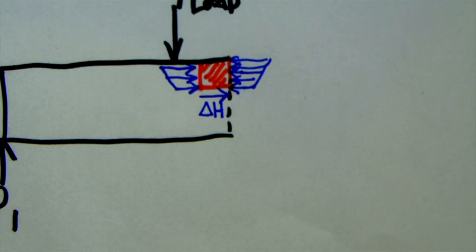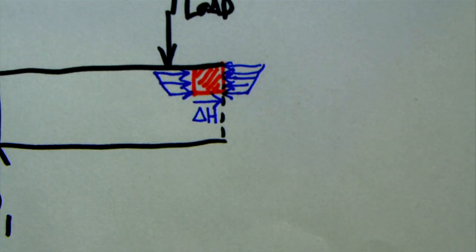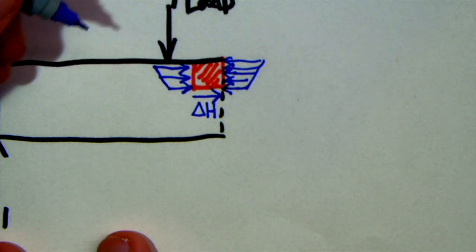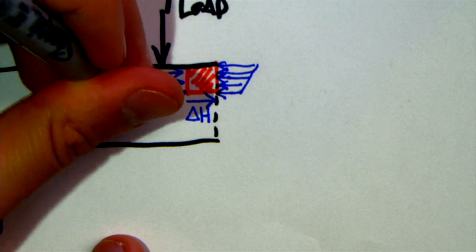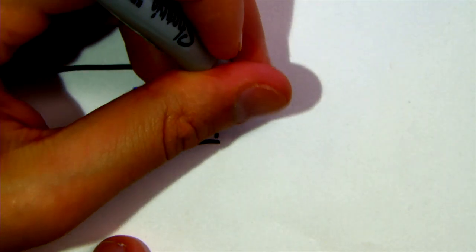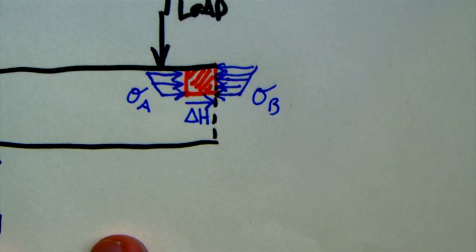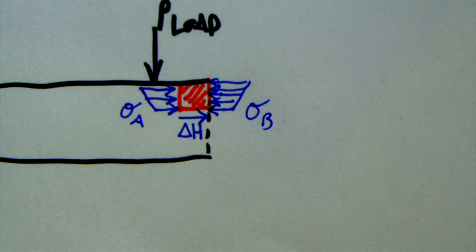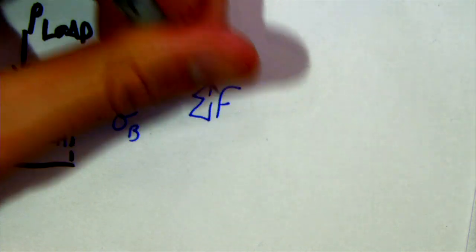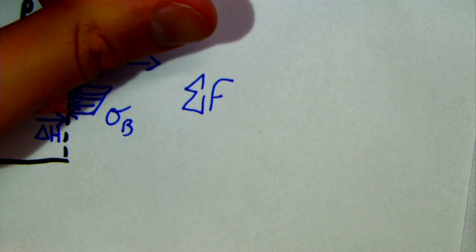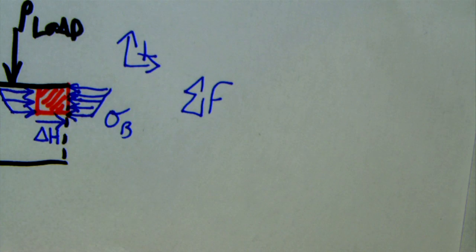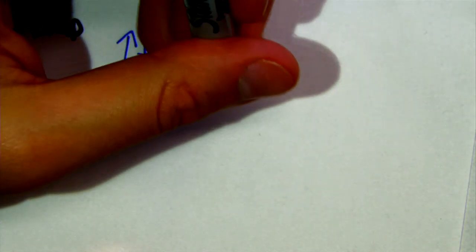All right. So if I did a summation of forces on this block, call the stress on this side sigma A, and the stress on this side sigma B, so our normal stresses. If I did a summation of forces here, I get something that looks kind of like this.